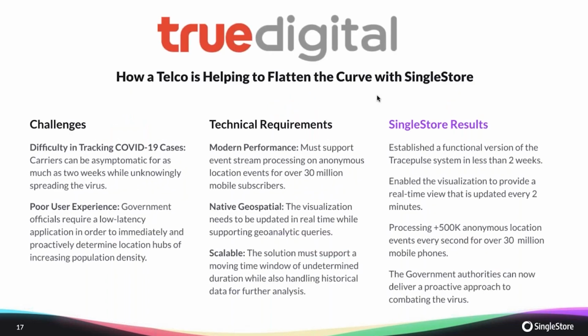This is an example that we did want to share where we helped with COVID workload over in Thailand with True Digital. And so we were able to track COVID-19 cases. Basically, we were able to establish and track 30 million mobile subscribers. So this uses a lot of our geo capability. We had to process 500,000 anonymous location events every second over 30 million mobile phones.